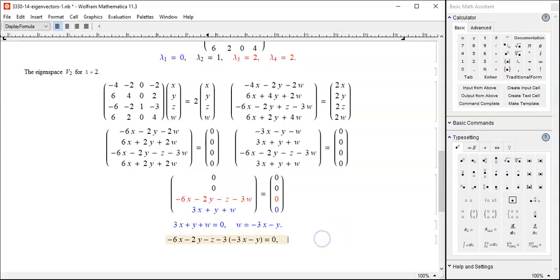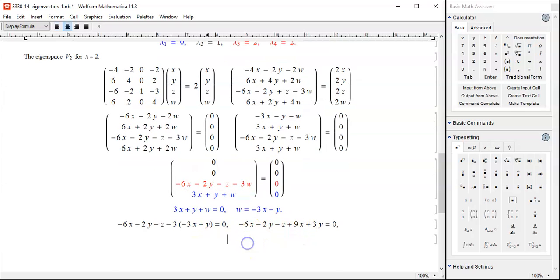Alright, let's do some simplification. Negative 6x minus 2y minus z, and then plus 9x plus 3y equals 0. I hope my computation is correct. And then 9 minus 6, 3x, and plus y minus z is equal to 0. I'm getting z equals 3x plus y.